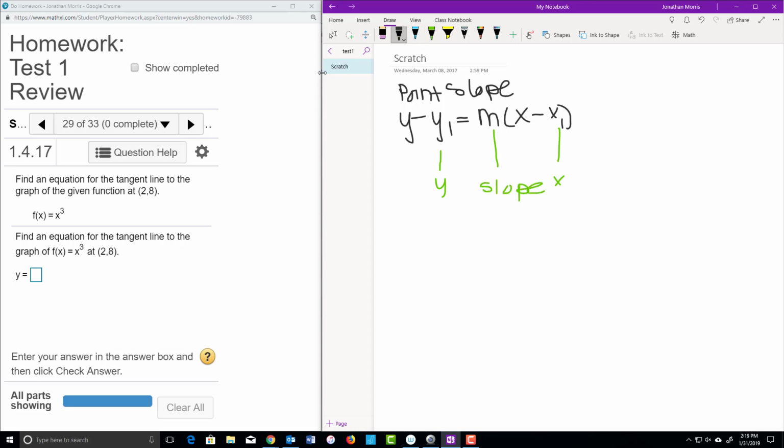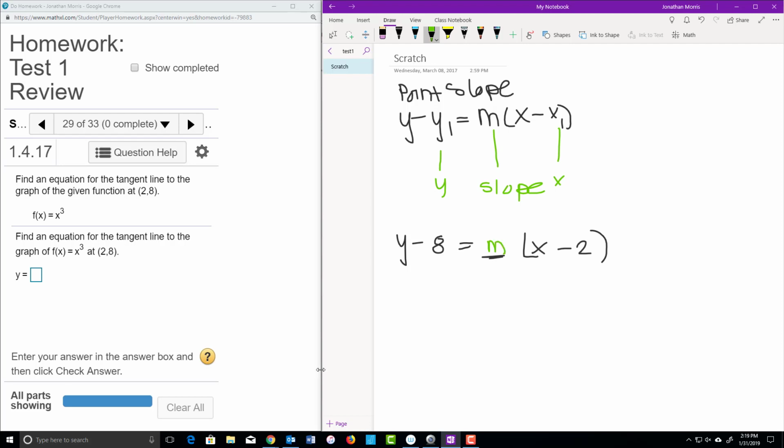So far this is what I got, right? I have y minus the y value of 8 equals, I don't know what that is, x minus the x value of 2. So what I'm really needing is m.